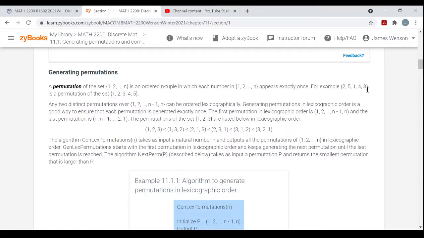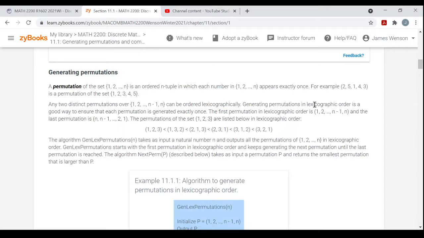So (2, 5, 1, 4, 3) is a permutation on the set of elements 1, 2, 3, 4, 5. Remember, the parentheses mean permutations. Parentheses around this list mean that order matters. Right? It's a permutation. Any two distinct permutations can be ordered lexicographically.